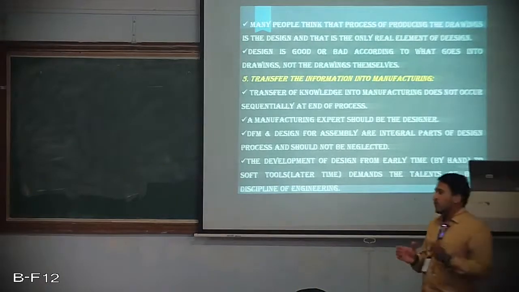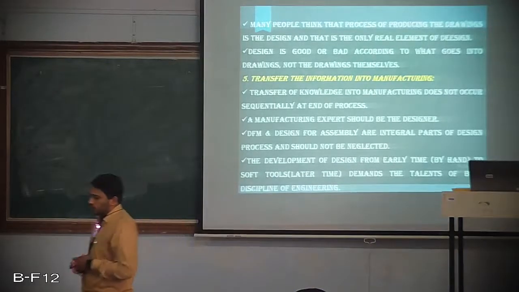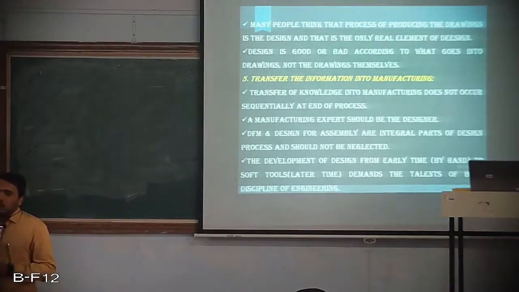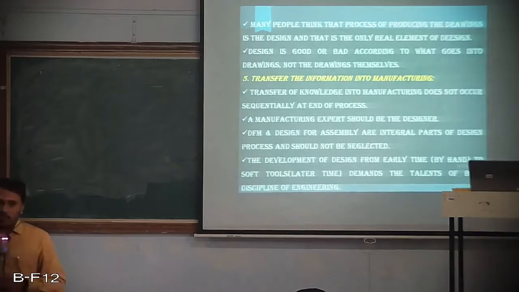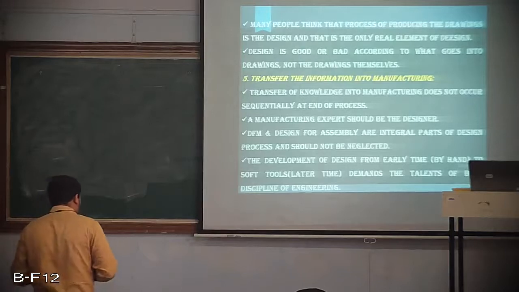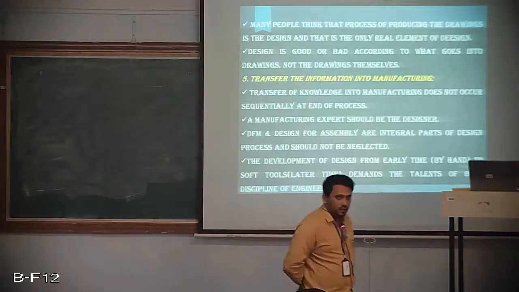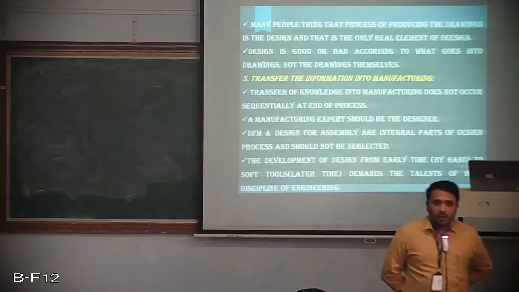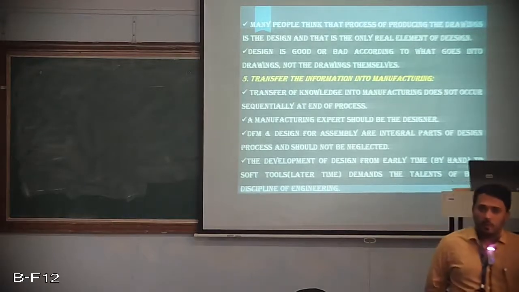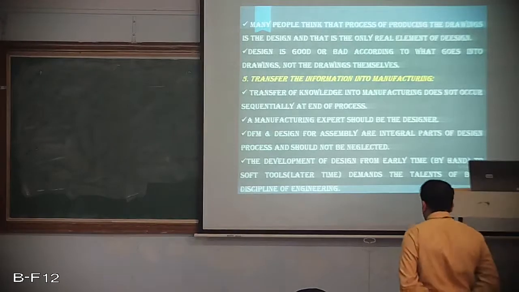You can say it is across-the-wall transfer of information, because if difficulties arise at any department, it is immediately stepped back to the first department, the design department, and then the necessary changes are made, and the information is made to flow sequentially again.